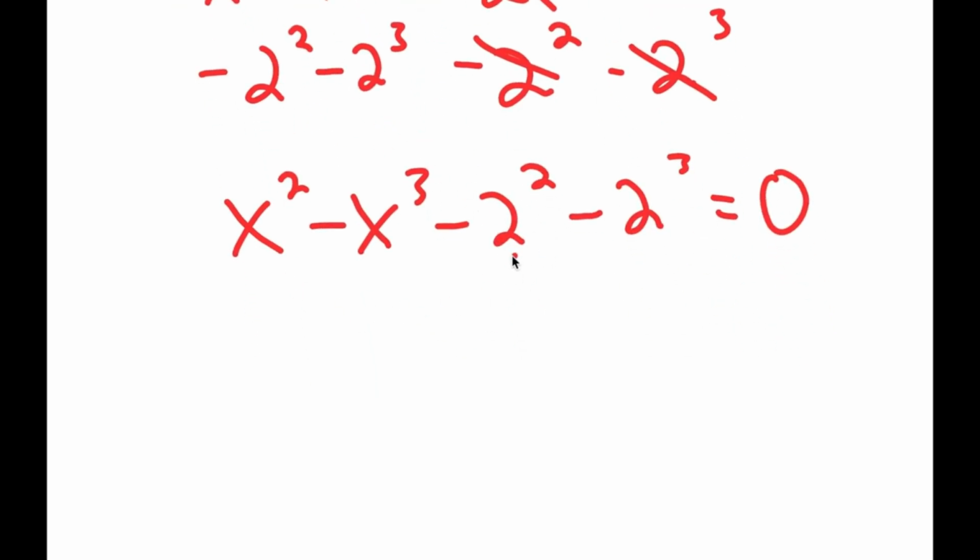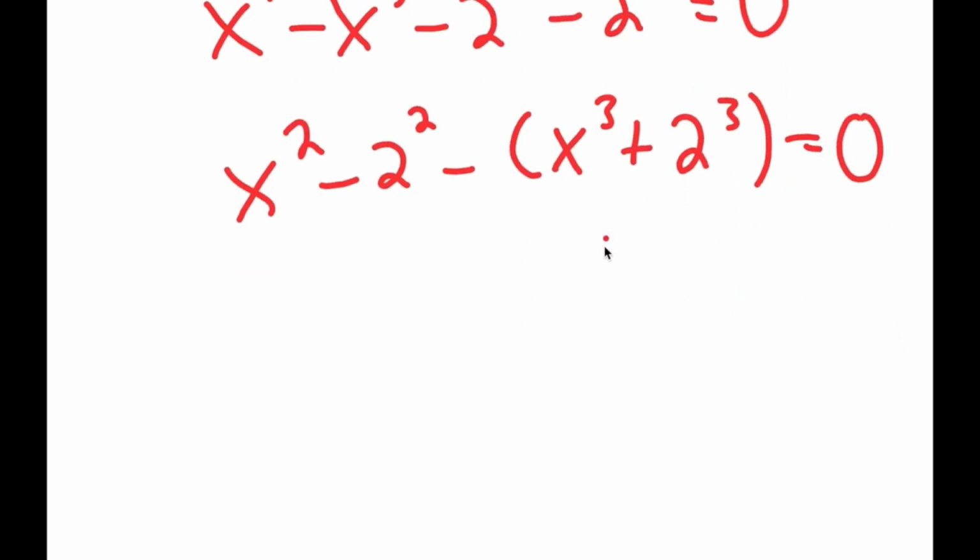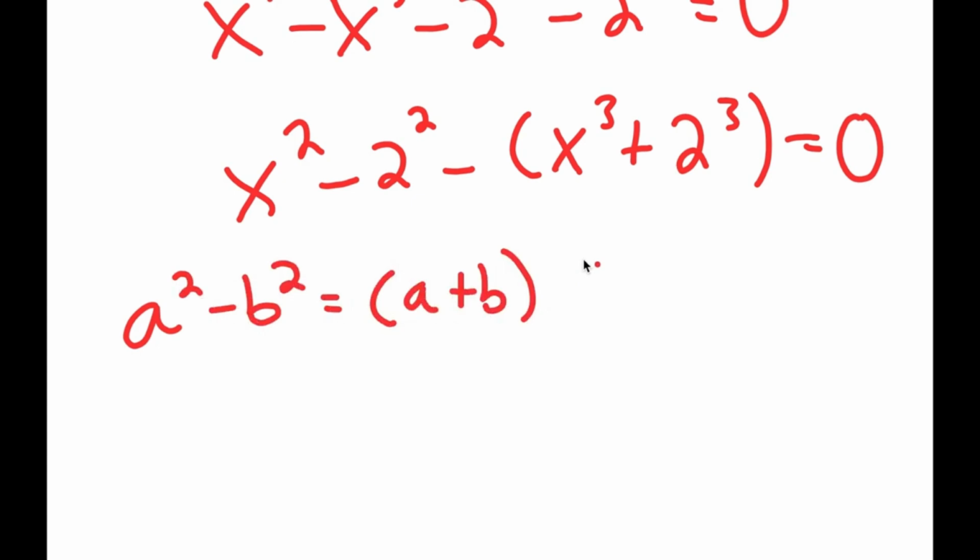Now I'm going to group all the powers of 3's and the powers of 2's together. So I get x squared minus 2 squared minus x to the power of 3 plus 2 to the power of 3 is equal to 0. So if I have something in the form a squared minus b squared, this is equal to a plus b times a minus b.